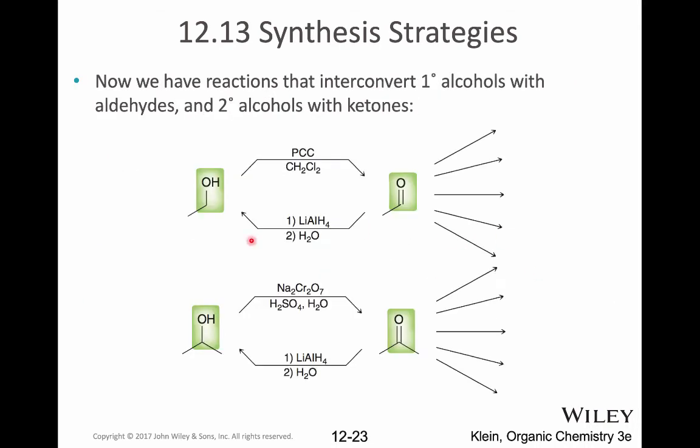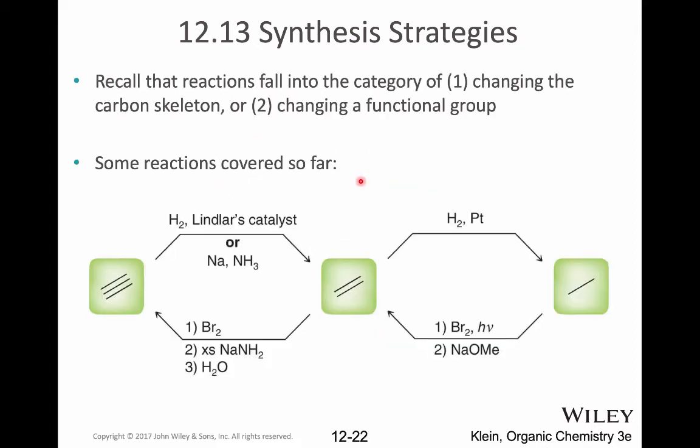And then here we can also think about interconverting from alcohols to aldehydes, or alcohols to ketones, or even alcohols to carboxylic acids. These are functional group transformations, right? So the point here is to keep in mind that you know ways to interconvert between these, either going from here to here or from here to here.